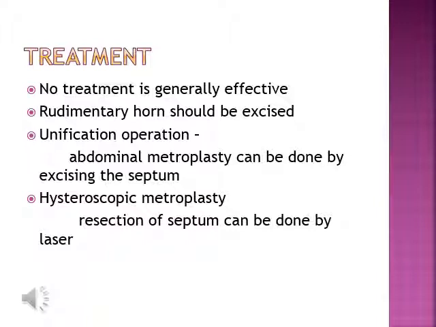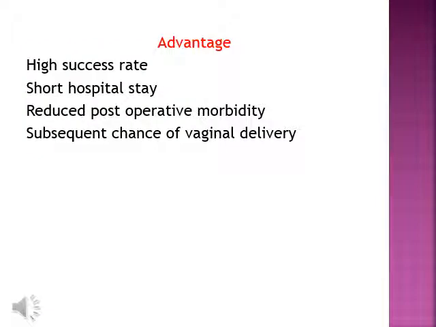Then hysteroscopic metroplasty, which is used in the resection of the septum, can also be done by laser. Let's see the advantages of this type of surgery. There is a high success rate, a short hospital stay is needed for the mother, reduced post-operative morbidity, and there is more chance of vaginal delivery.